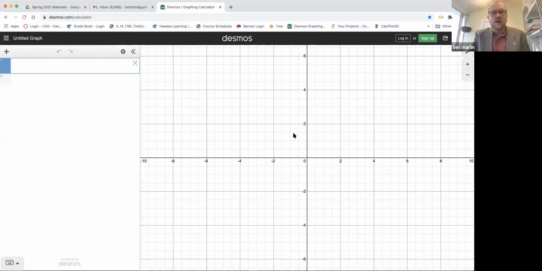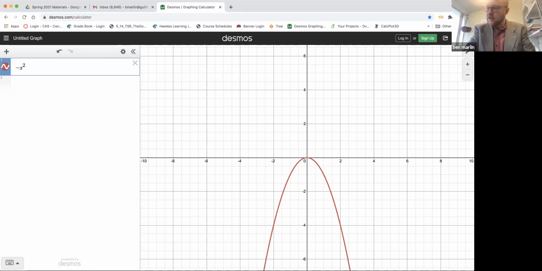Now, let's say you don't have a graphing calculator because you probably do, but let's just say that you don't. Then one of the things that you're going to want to be able to do real quickly is to graph stuff online. And so here I'm going to graph minus x squared plus x minus 3.